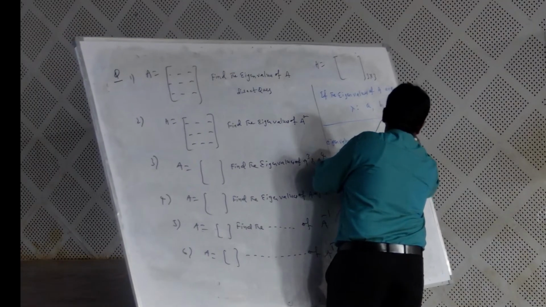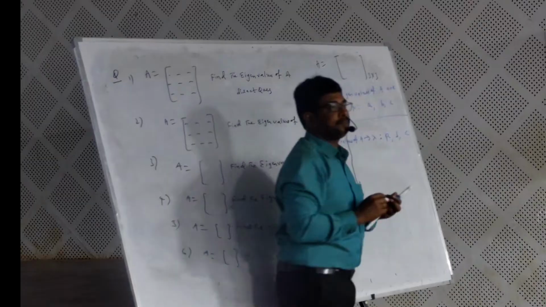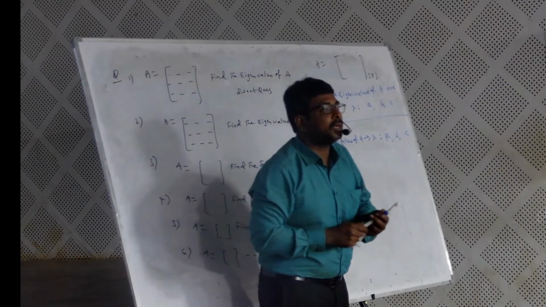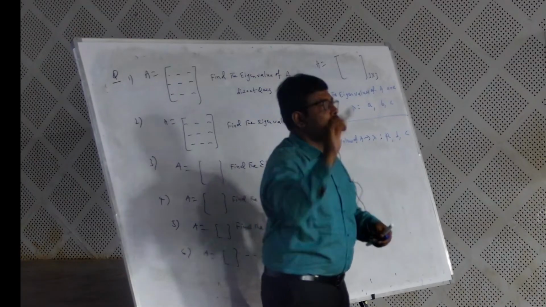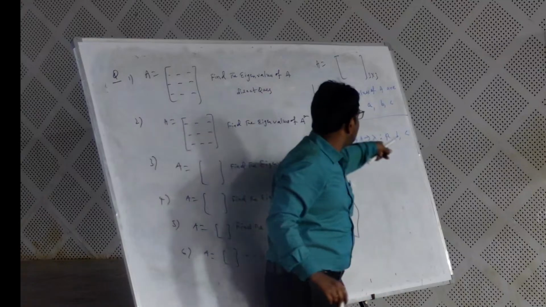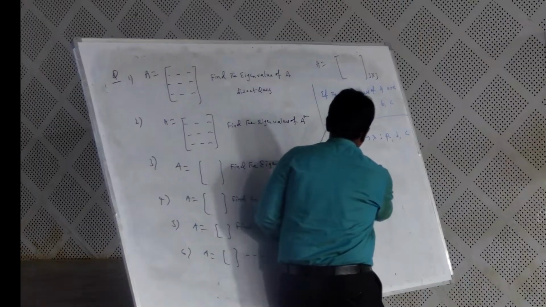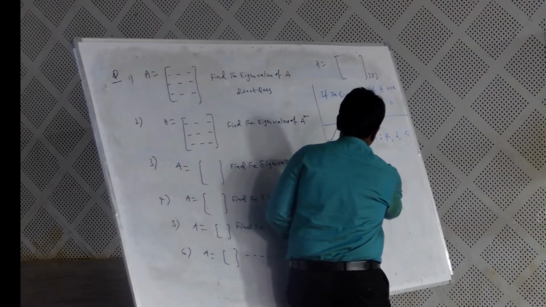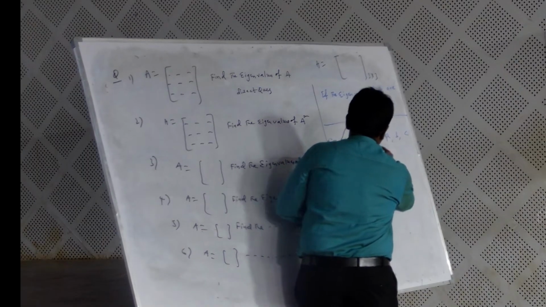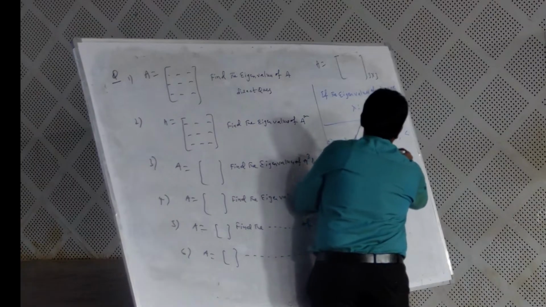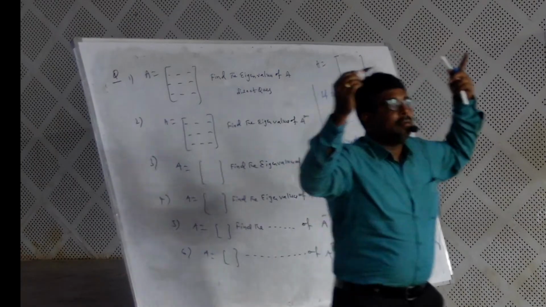Let us take them as A, B, C. Are you concentrating, everybody? Okay. When the eigenvalues of a given matrix are A, B, C, then the eigenvalues of A square matrix are lambda square. That's it. Original matrix eigenvalues are lambda.